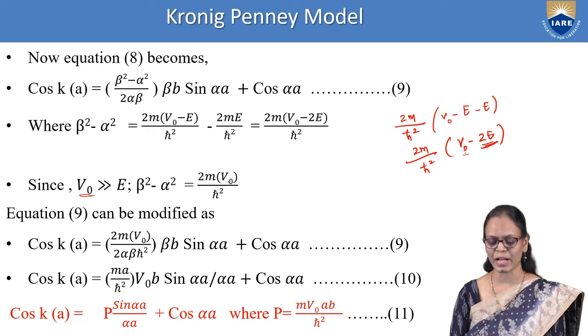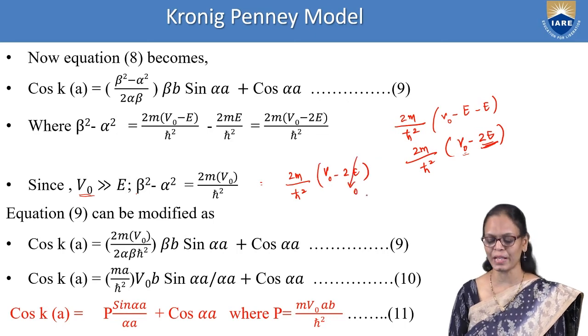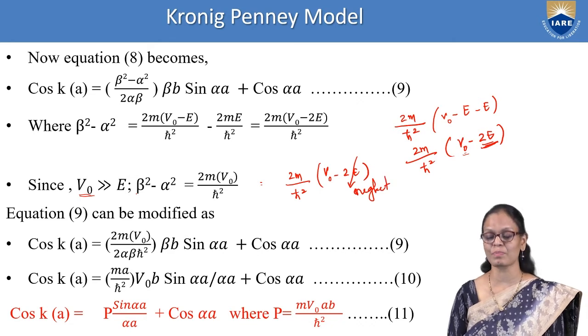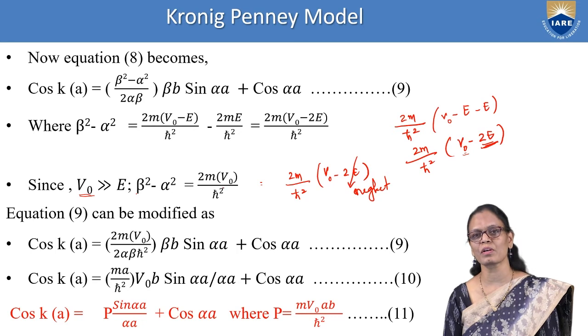It has to be actually 2m by h cross square into (V naught minus 2E), but because this value is very small, we are neglecting it. So we are left only with 2m V naught by h cross square.